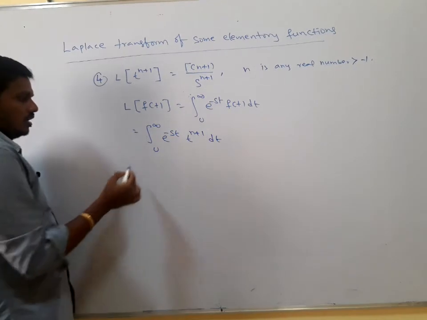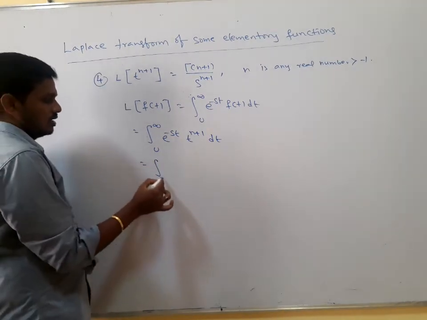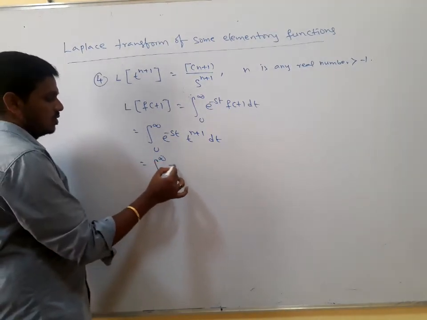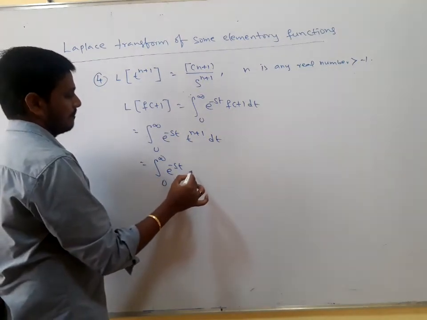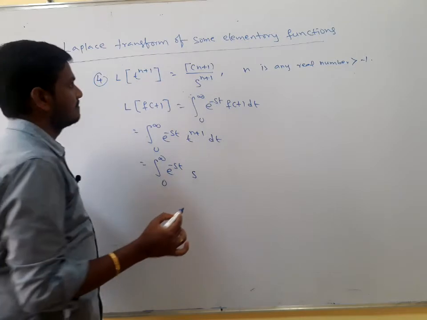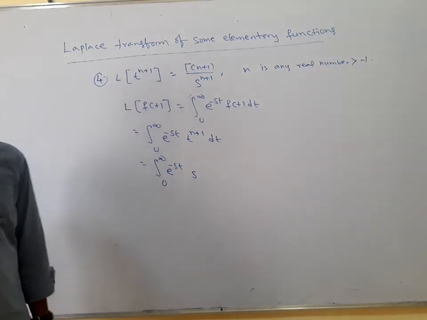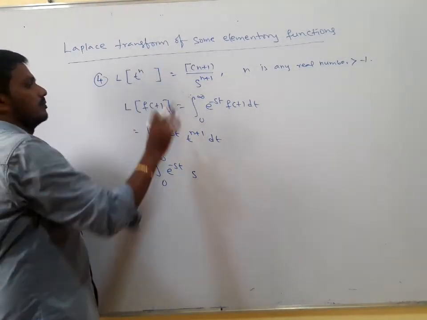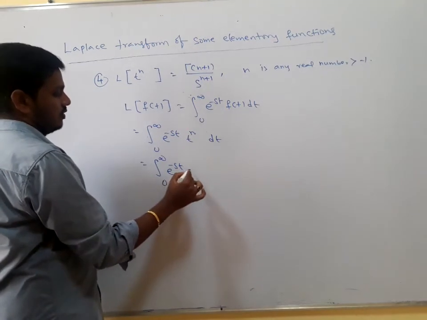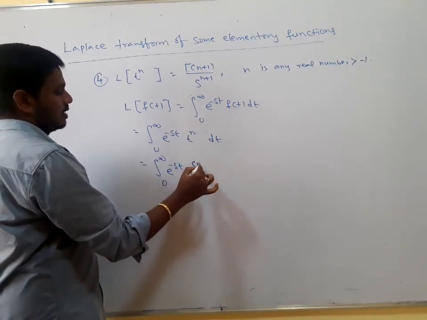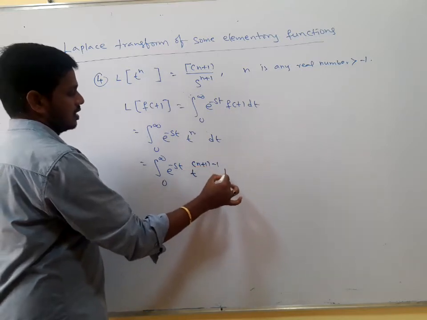This can be written, as I am trying to convert it to gamma functions, you know the beta gamma functions. Sorry, it is t to the power of n only. Here t to the power of n can be written as t to the power of (n plus 1) minus 1, dt.